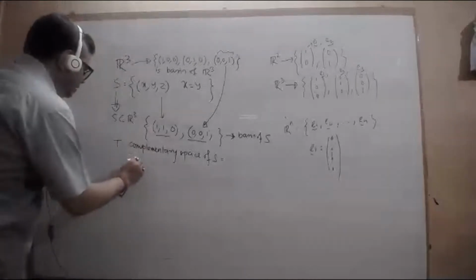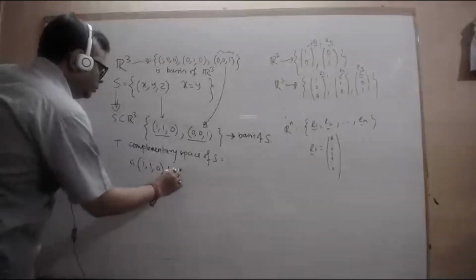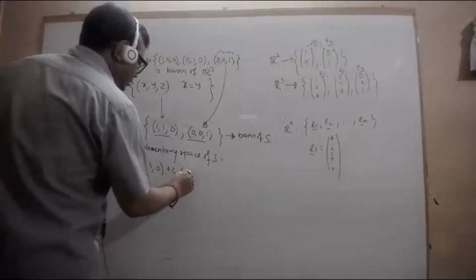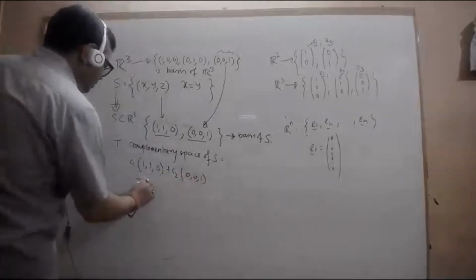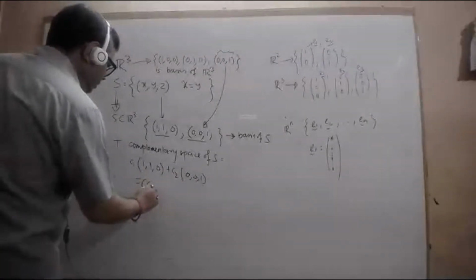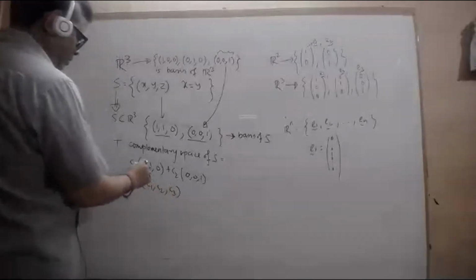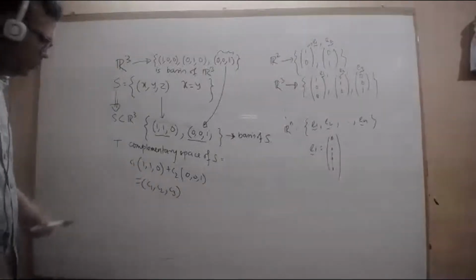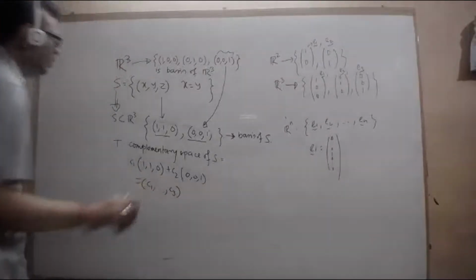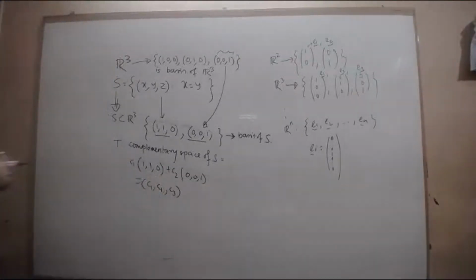See that C1 times 110 plus C2 times 001. This gives you C1, C1, C2.